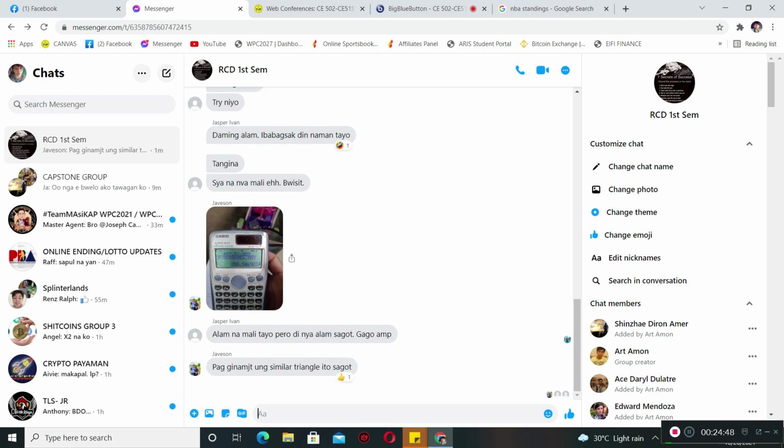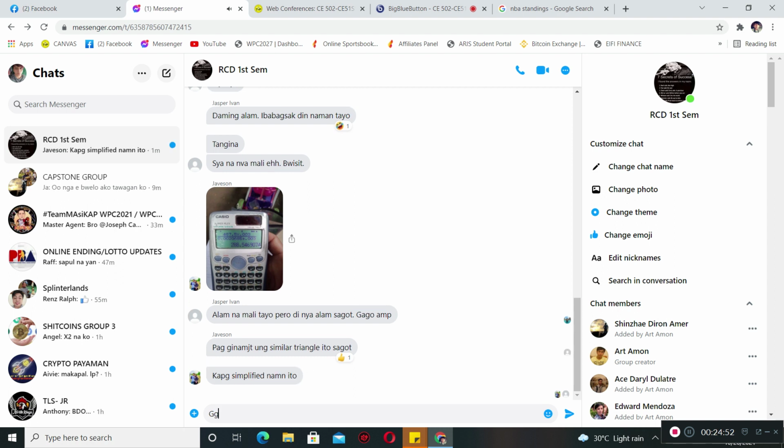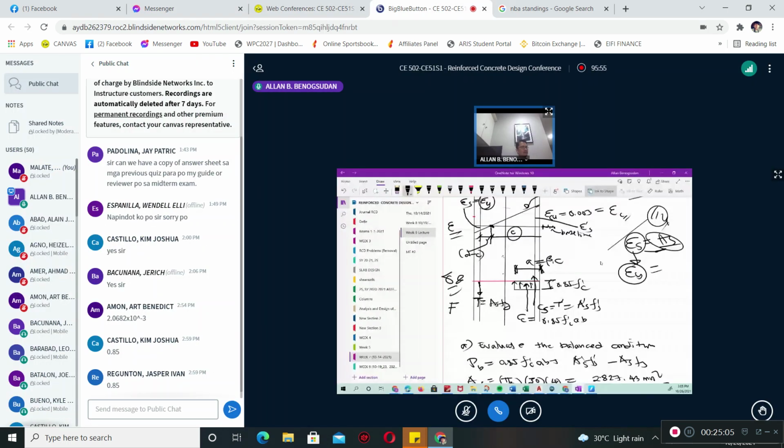So stress diagram, and including the forces, okay, because say stress diagram, ito lang po yun. Ito lang yun, di ba? Ito lang yun.